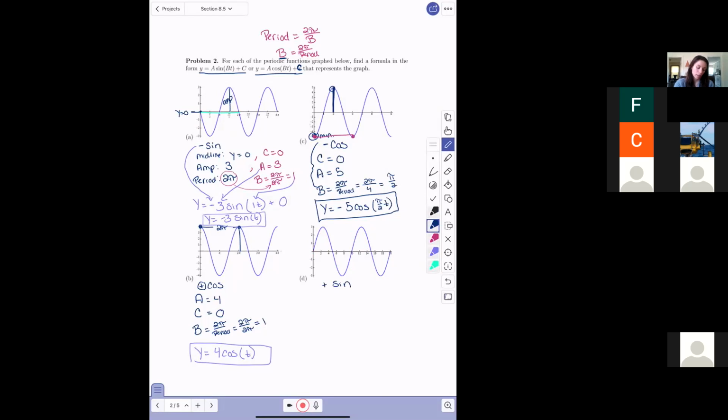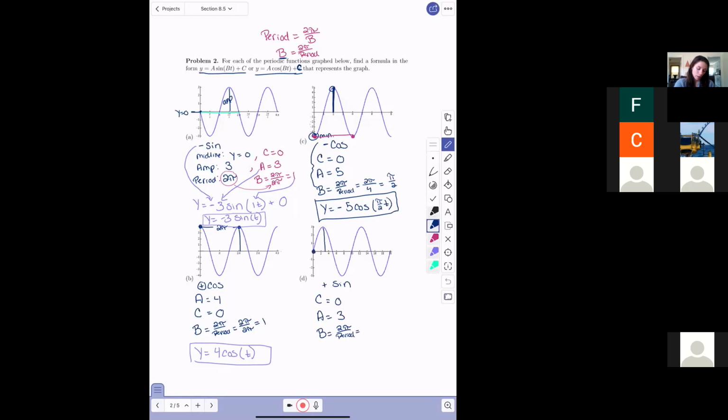What is my value for C in my formula? 0. Good. What is my A value? 3. And B is 2 pi divided by the period.